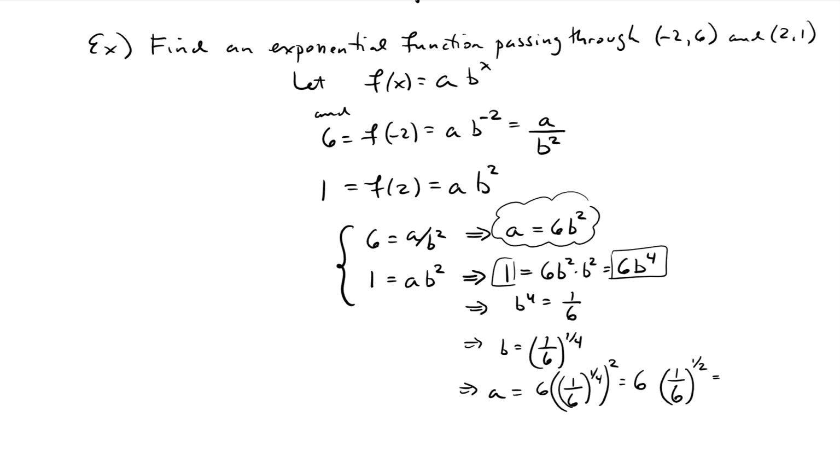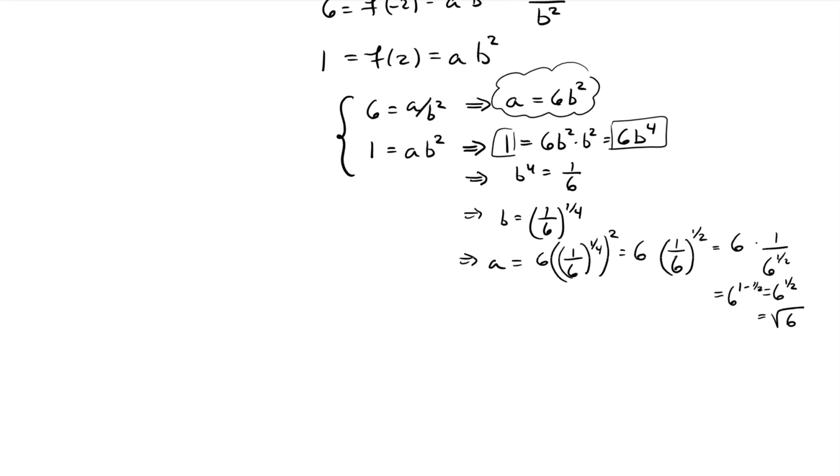So this is 6 times (1/6) to the 1/2, which is 1 to the 1/2 over 6 to the 1/2, but 1 to the 1/2 is just 1. So we basically get 6 over 6 to the 1/2, and then we can just subtract exponents, so it's 1 minus 1/2, so 1/2. In other words, 6 to the 1/2 being the square root of 6. So a is the square root of 6, and b I could write as (1/6) to the 1/4. I could also write it as 6 to the minus 1/4, because 1/6 is 6 to the minus 1.